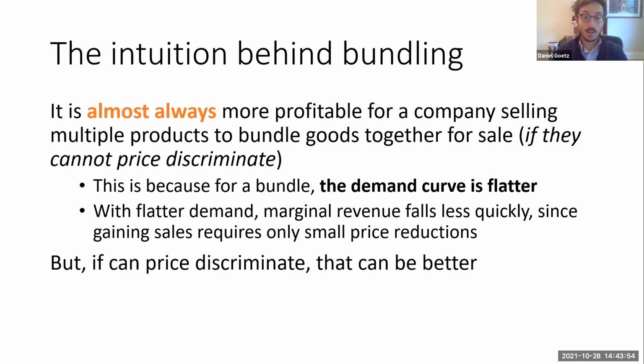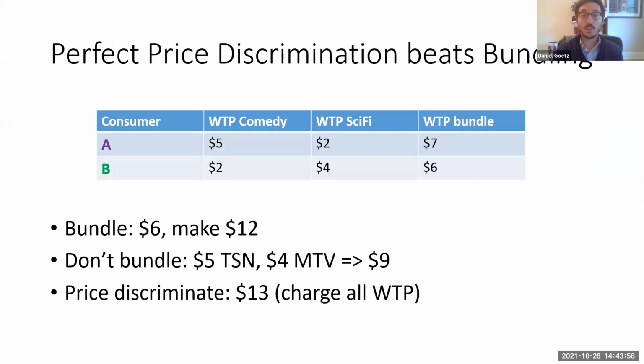If we can price discriminate, that can be better, right? If we perfectly price discriminate, then with the bundle we make 12, and with the non-bundle we make 9, but with the price discrimination, we make 13, right? We charge consumer A $5 for comedy, $2 for sci-fi.